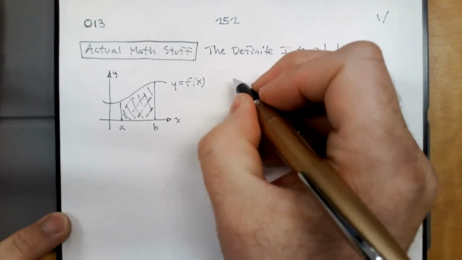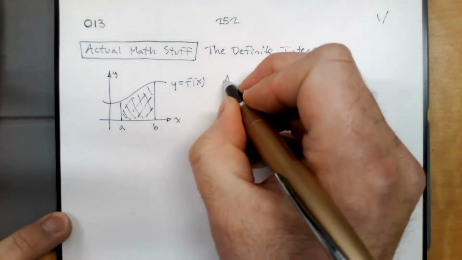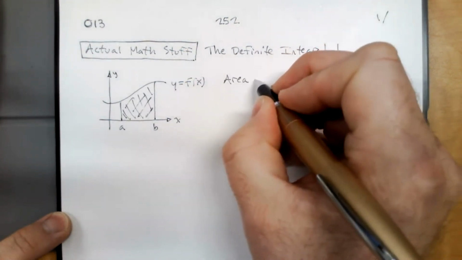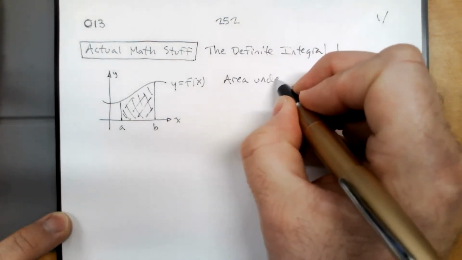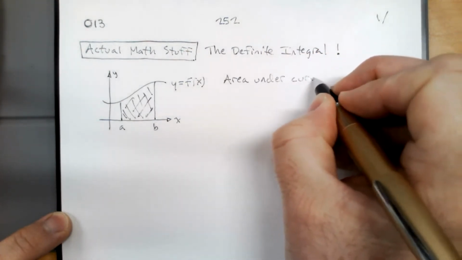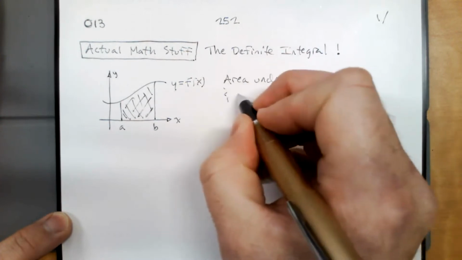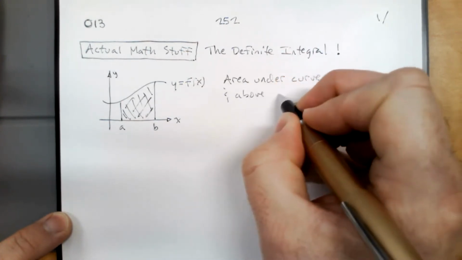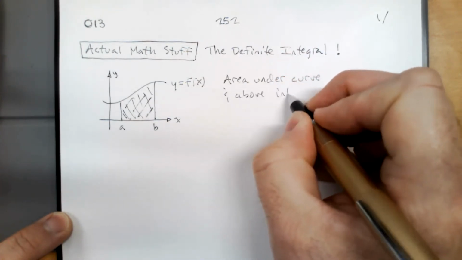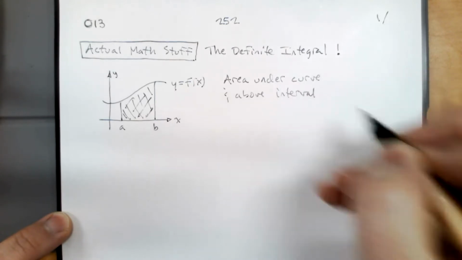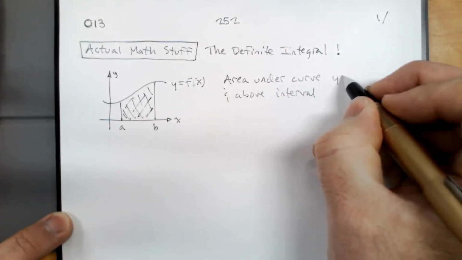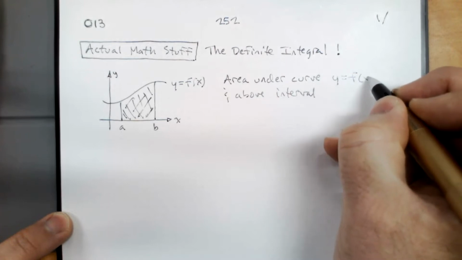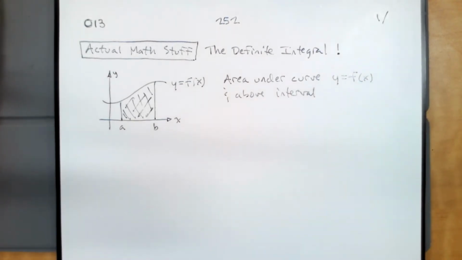So what is the area under the curve and above the interval? The curve is just the graph of the function y equals f of x. And the interval is all the x values that we're plugging in to the function.